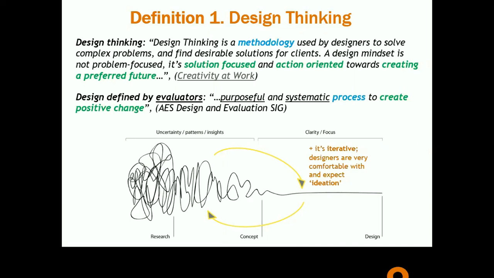So designers never shy away from it: if something isn't working, they're very comfortable going back to the drawing board and starting again. So it's also good to keep in mind that this process we're talking about, design thinking, is highly iterative in nature. So I might leave that one there for now.